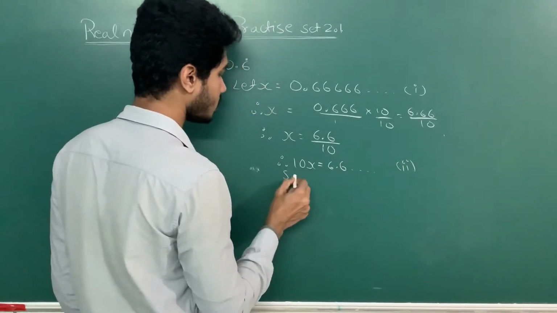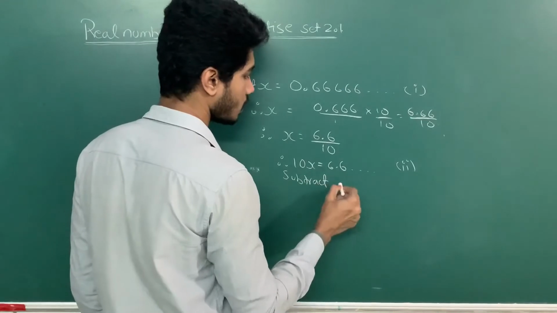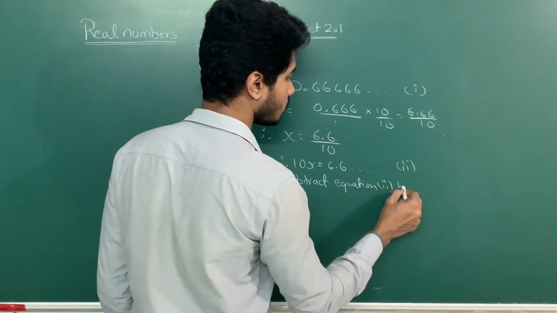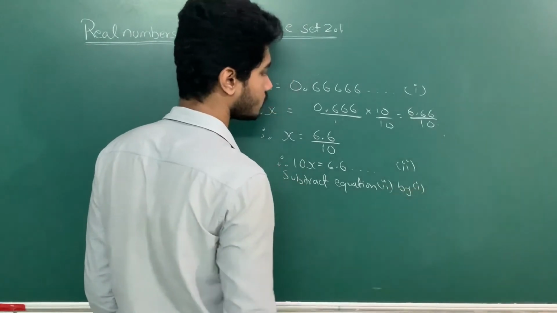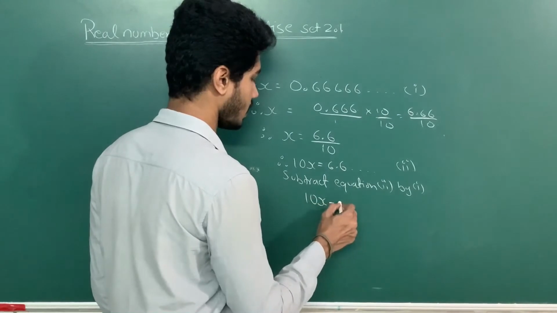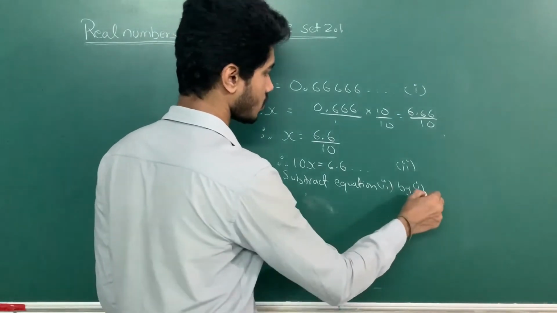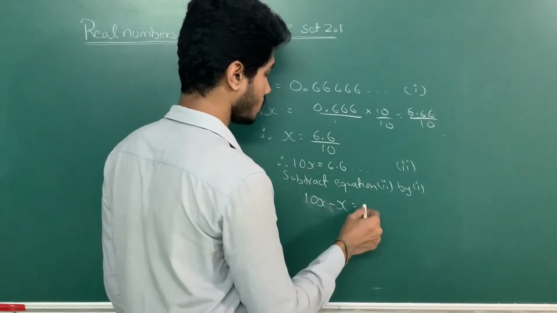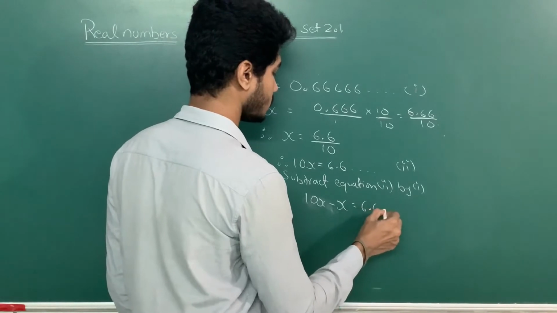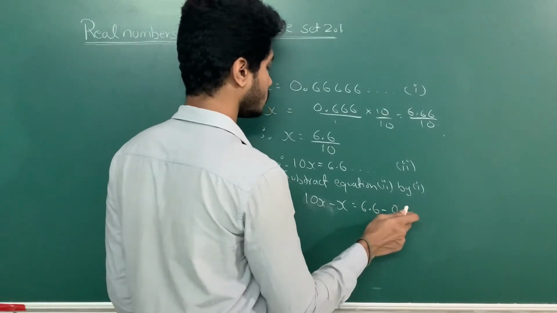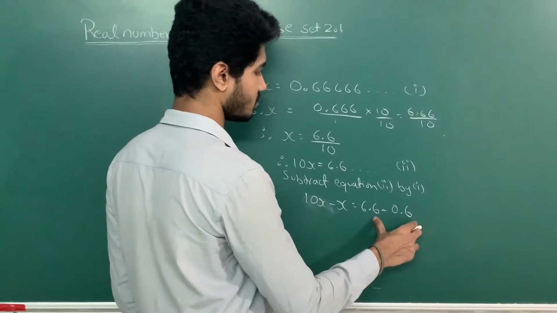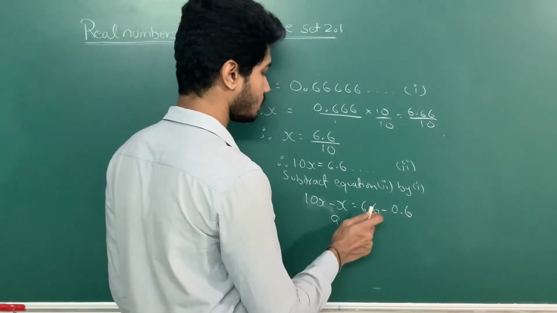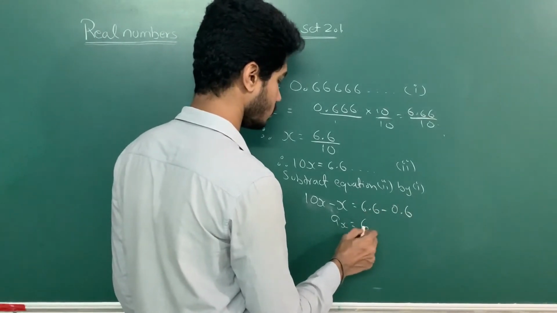Now you subtract equation 2 by 1. So you get 10x minus x is equal to 6.6 minus 0.6. Just make sure that you write only one decimal so that it becomes easier to subtract. 10x minus x will give you 9x. 6.6 minus 0.6 will give you 6.